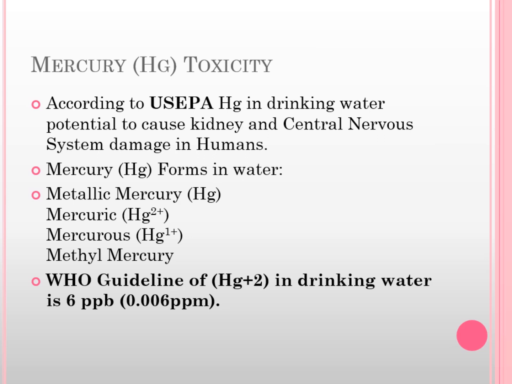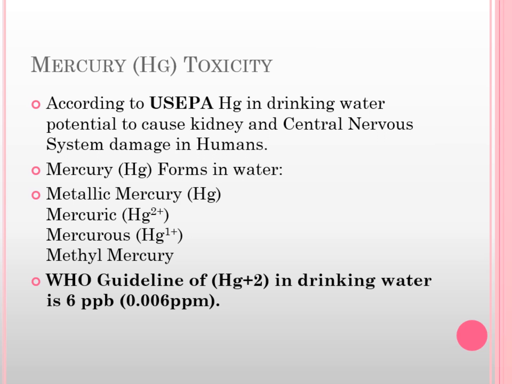There are different forms of mercury in the water. First one is metallic mercury, then the mercuric form, that is Hg2+. The third one is mercurous, Hg1+, and finally methyl mercury. So these are the various forms of mercury which are present in natural water bodies.